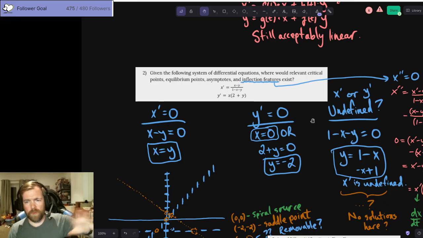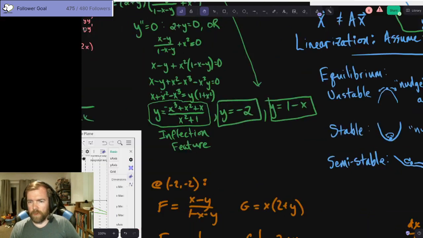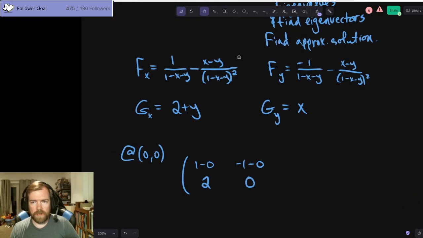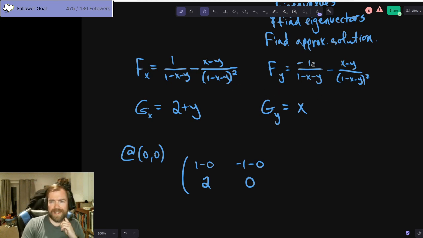And putting in the appropriate product or quotient rule, we end up with this stuff right here. So we get a 1 divided by 1 minus x minus y minus x minus y, all over 1 minus x minus y all squared. And with respect to y, we get a negative 1 over 1 minus x minus y minus x minus y over 1 minus x minus y all squared.